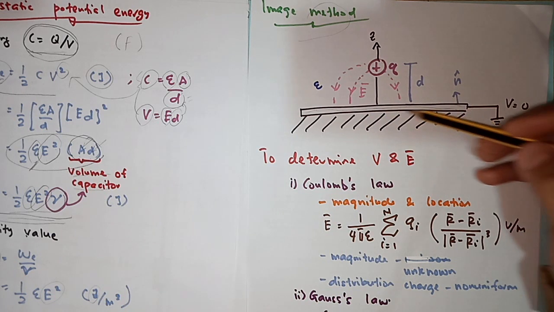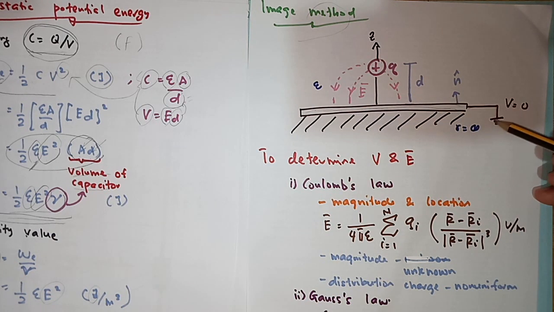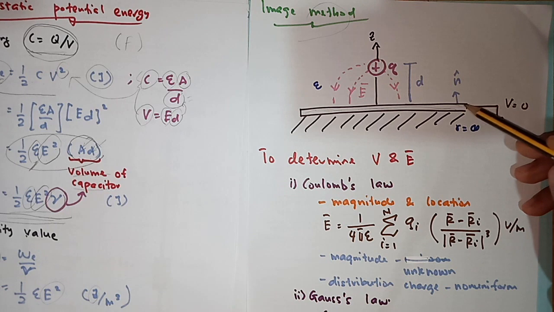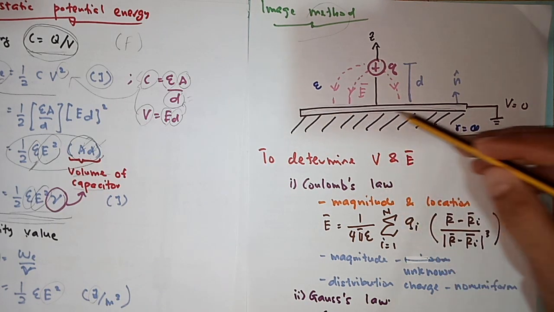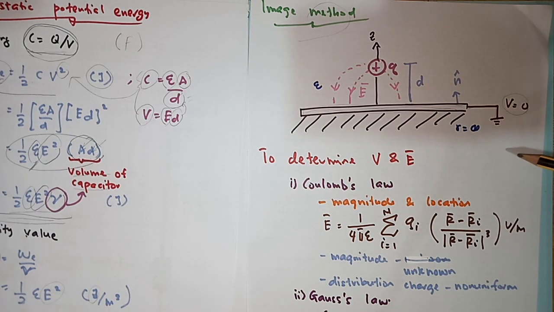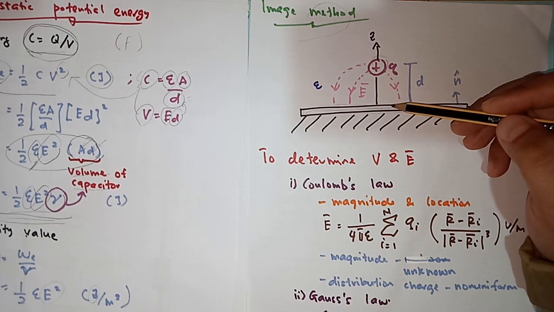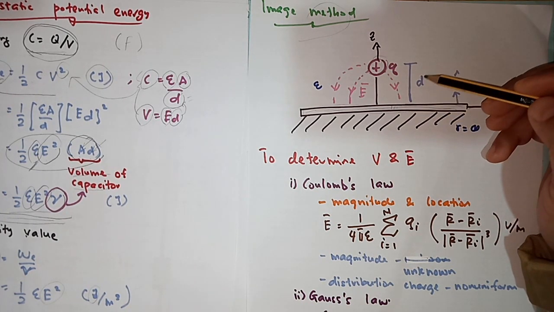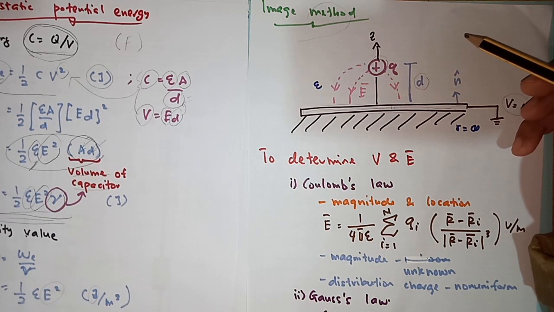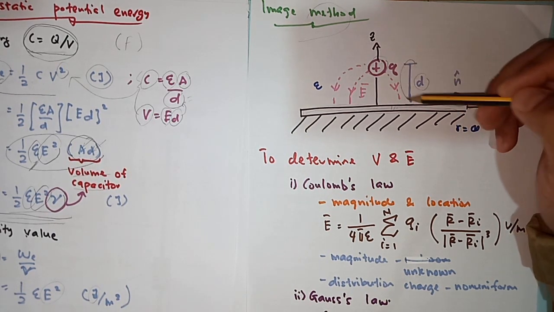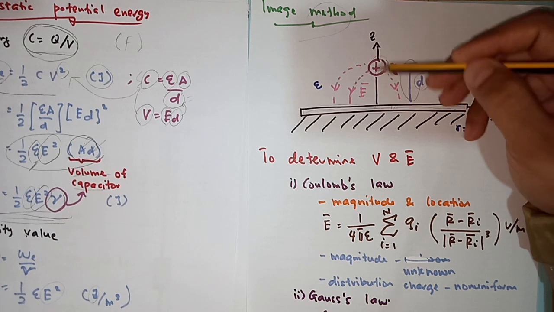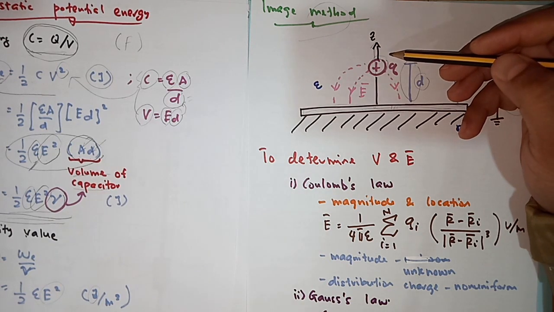In this case, the conducting plane has been grounded, so that the potential along this conducting plane is equal to 0. The distance between this charge and the conducting plane, let's say, is D, and this distance is measured on the Z axis.